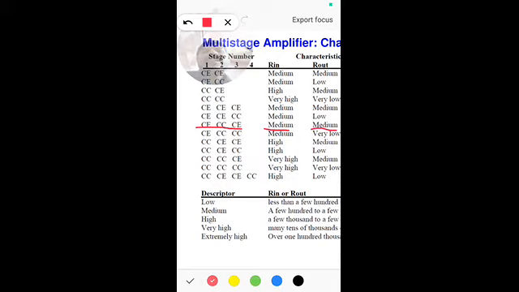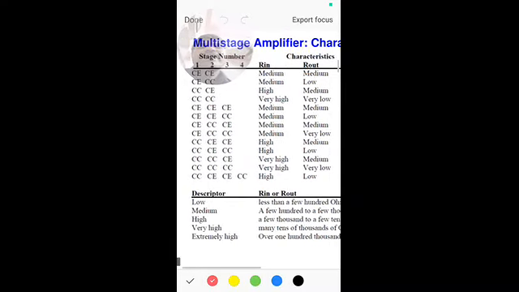The CC is in the middle, and CE is the output stage. Both CEs, common emitter amplifiers, are used in the input stage and output stage. So we are going to have a moderate input impedance and moderate output impedance, and we will get a very high voltage gain.